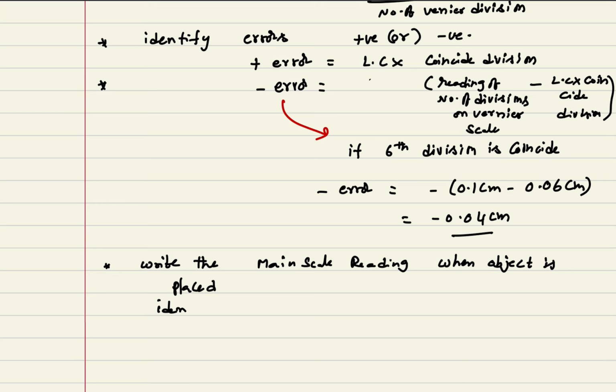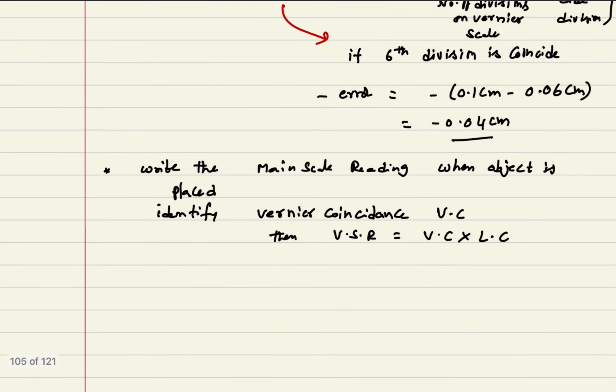Next, identify the vernier coincidence VC, then the vernier scale reading VSR, that is vernier coincidence into least count. So finally you can write the main scale reading. I am writing MSR as the main scale reading.